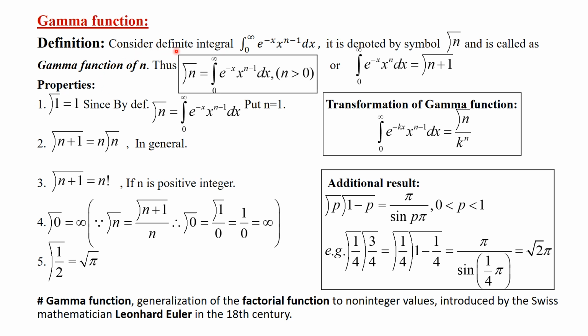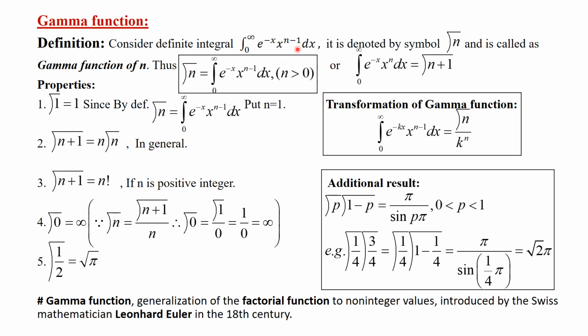Consider the definite integral from 0 to infinity of e raised to minus x, x raised to n minus 1, with respect to x, where x is the variable and n is our constant. The limit must be from 0 to infinity. This special definite integral is called the gamma function of n.